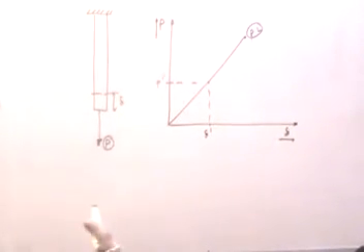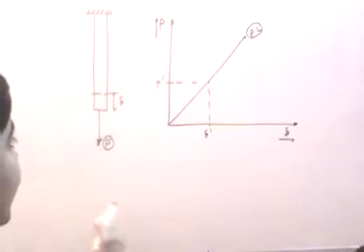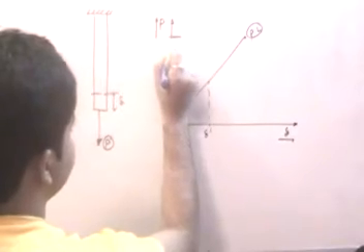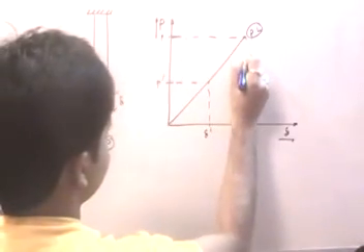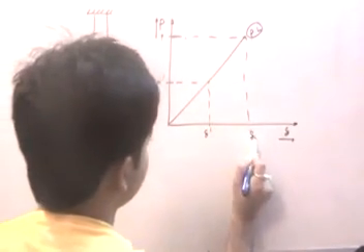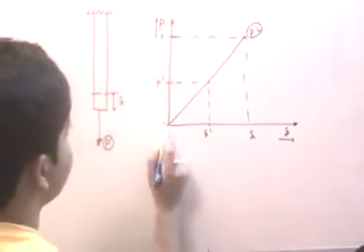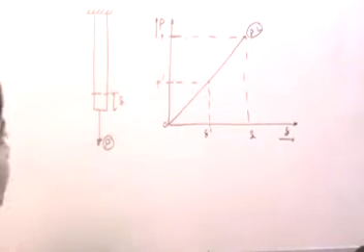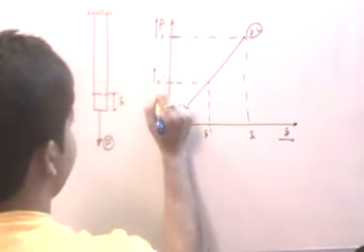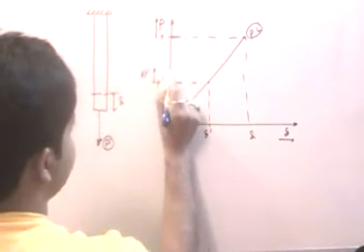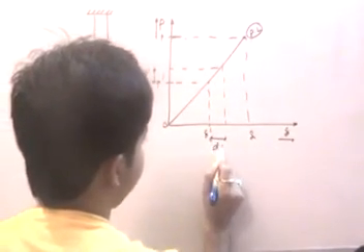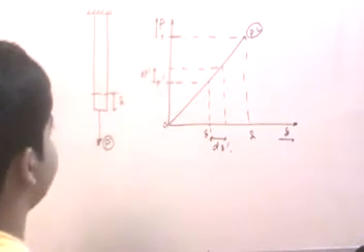Now I increment the load because it's a case of static loading, and we slowly increment the load to point P, suppose. For example, if this is P and this is, suppose, delta, then we slowly increment the load from 0 to P with the corresponding deflections plotted on the x-axis. So if we increment the load by, let's say, dP dash, the corresponding deflection will be d delta dash, right?